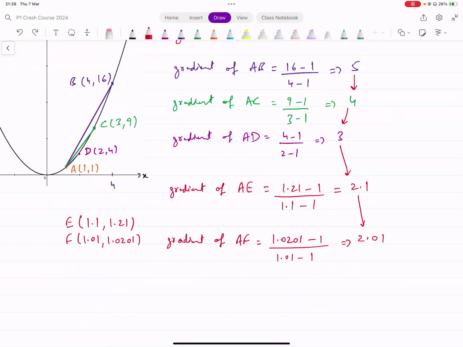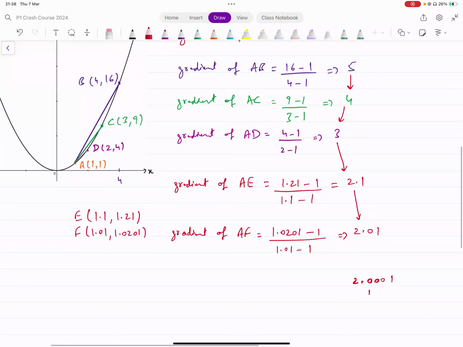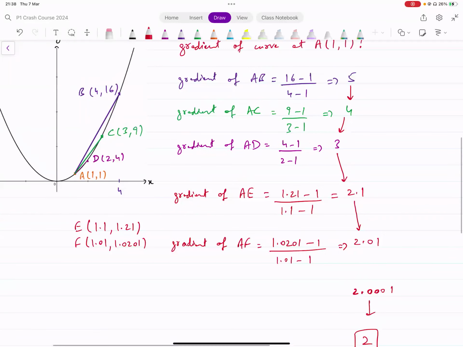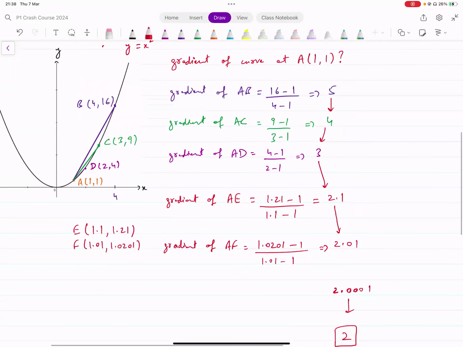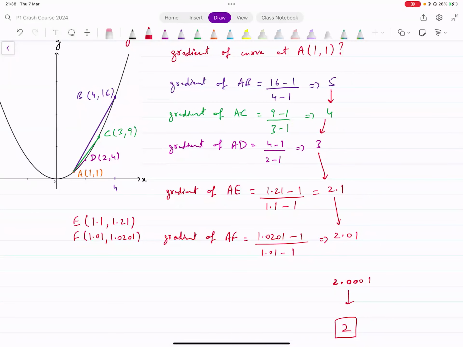If you were to take another point after that, that would be like 2.0001, something like this. So this gradient seems to be reaching some value, and in this case, it's basically 2. So the gradient of the curve at this point A is actually going to be equal to 2.